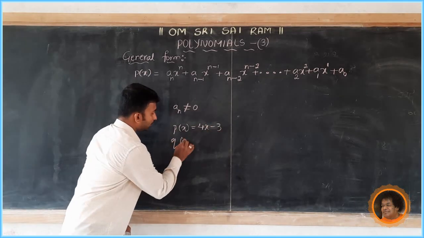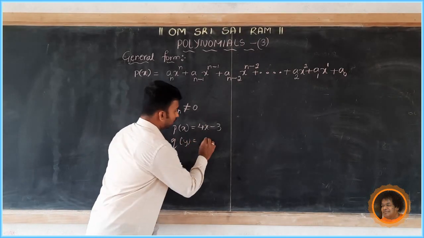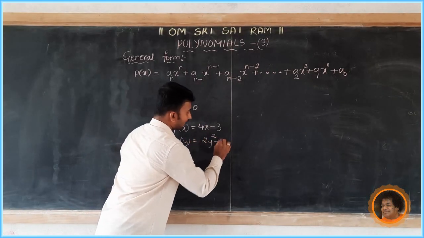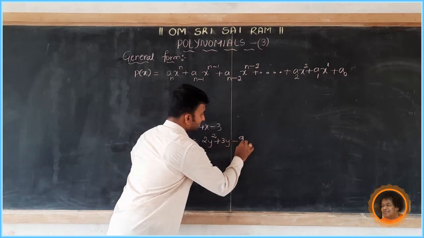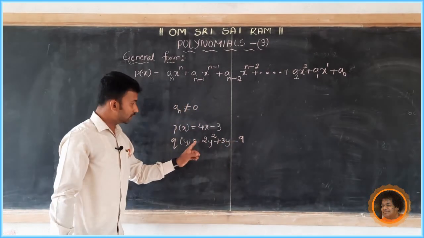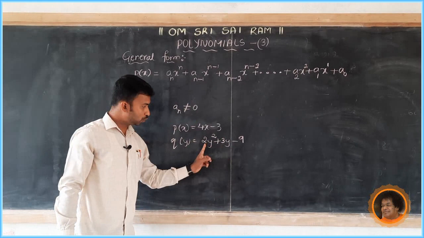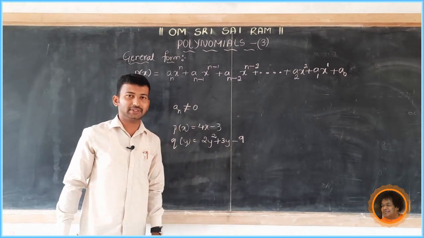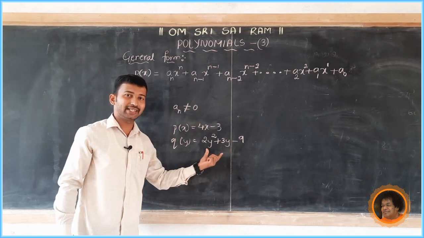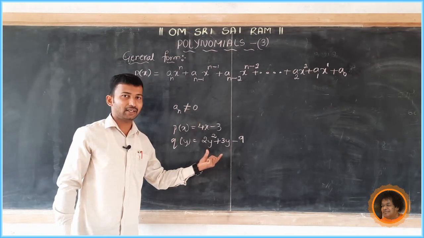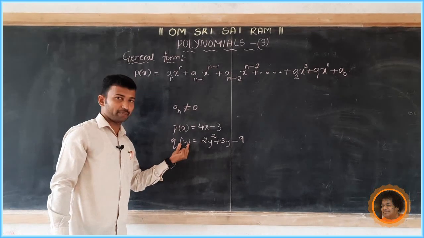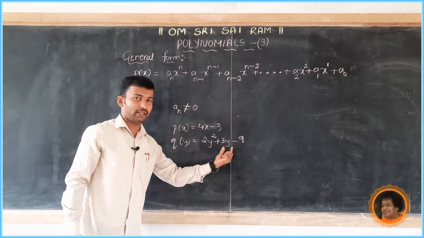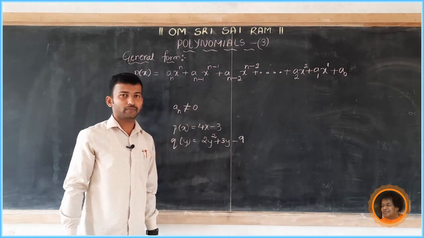One more, q of y is equal to 2y square plus 3y minus 9. This is the second example. There are three terms, so we can call it a trinomial, and the polynomial is in one variable y.